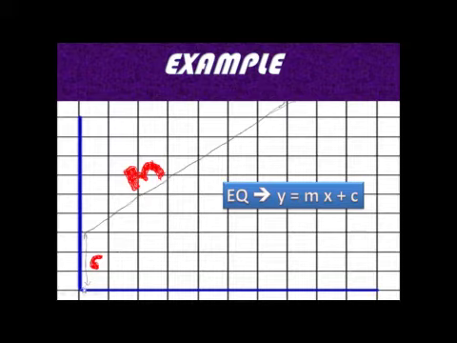This is the straight line, and it's starting from a point here. The distance from the origin to the starting point of the straight line is the c. Just that distance, as you can see here with the arrow I have marked. So the equation of a straight line is y equals mx plus c.